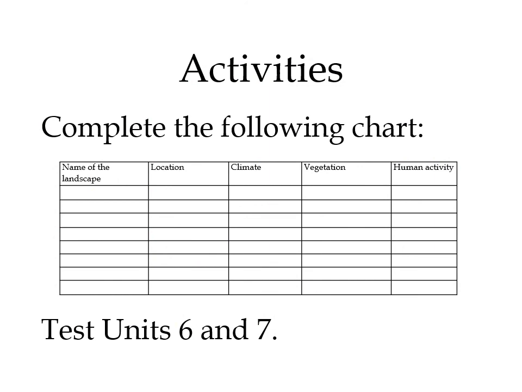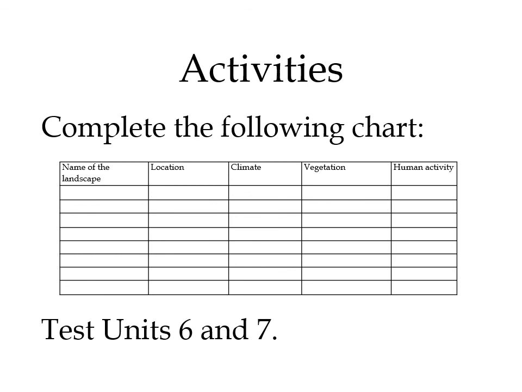So with that, we have finished our unit, and these are the activities you have to do. You have to complete the following chart with the different landscapes. You need to put the name here: equatorial, tropical, hot desert, Mediterranean, oceanic, continental, high mountains and polar; location, where is it; climate, how is the climate, temperatures and precipitation; how is the vegetation living there; and what kind of human activities are carried out in those territories.